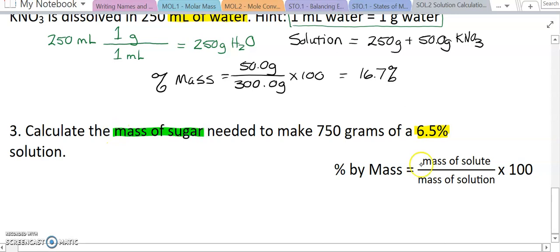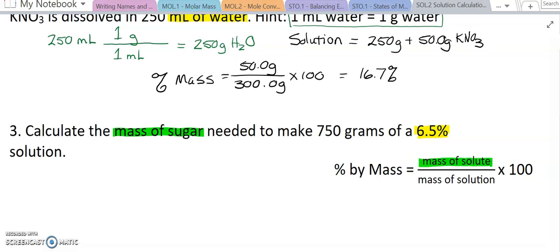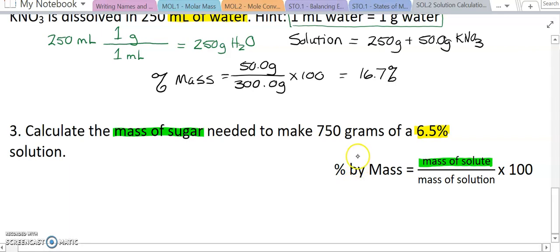So in other words, I'm trying to find the mass of the solute instead of finding the percent. In this problem, they give me that there is going to be 6.5%.